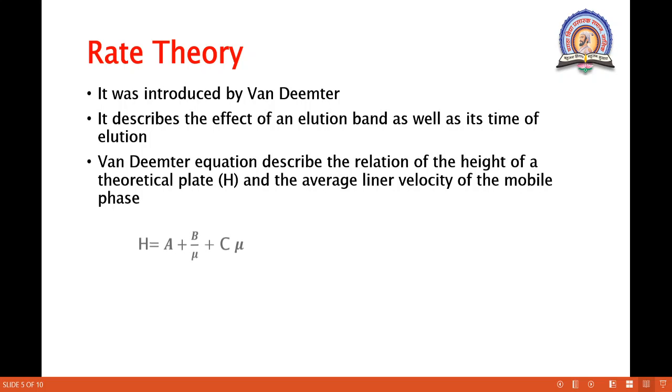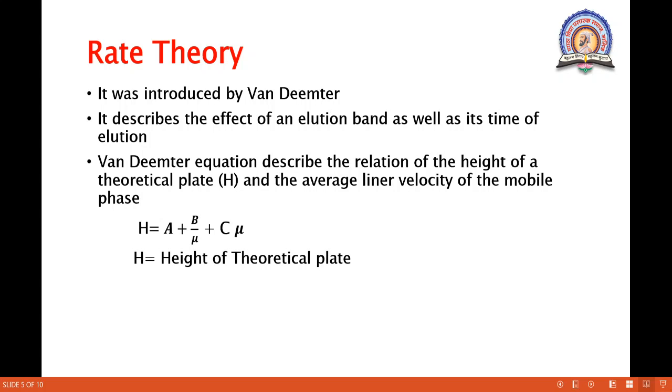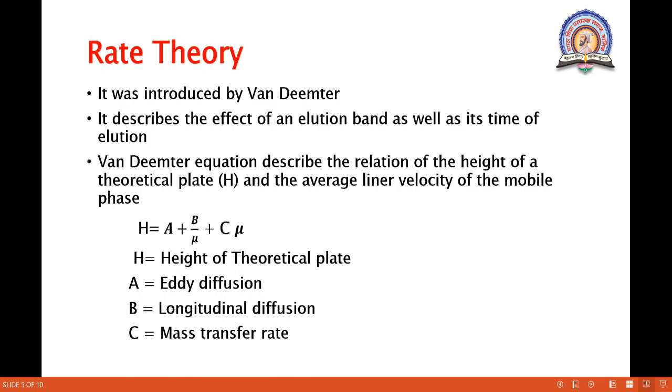Here the equation is H equals A plus B upon mu plus C mu. H stands for height of the theoretical plate, A stands for eddy diffusion, B stands for longitudinal diffusion, C stands for mass transfer rate, and mu is the flow rate of the mobile phase.